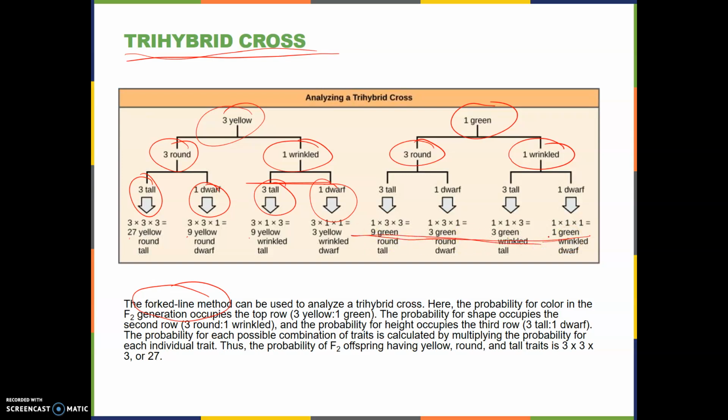So that's 16, 17, 18, 19, and 19 plus 18 is 37, and 37 and 27 is 64. So all of these are out of 64. If you wanted to tell how many would be yellow, round, and tall, that means they have all the dominant traits, then it's 27 out of 64.